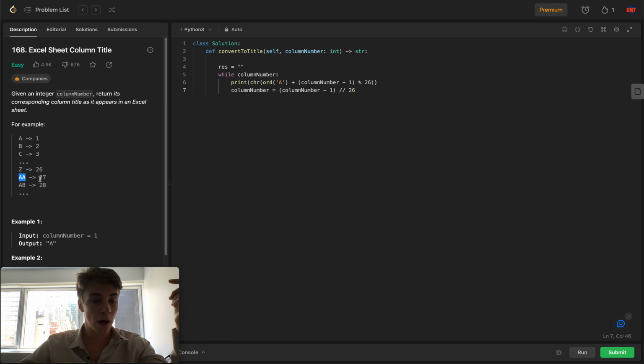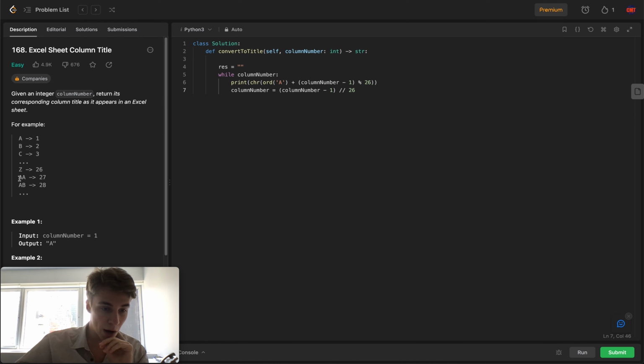Going from 27 to 26 would be, for example, okay, how about this? How do I print AA? AA would be 27 modulo 26, and that shows me this number. 27 modulo 26 is 1.